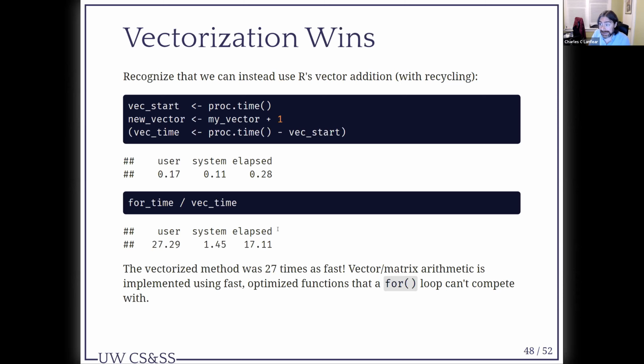This means when I last knit these slides, it was 27 times faster to do this than to do the loop, even though they were the exact same operation. The reason for this is doing it this way is optimized by R. It's not just easier code to write, it's straight up faster code. This is called a vectorized operation.